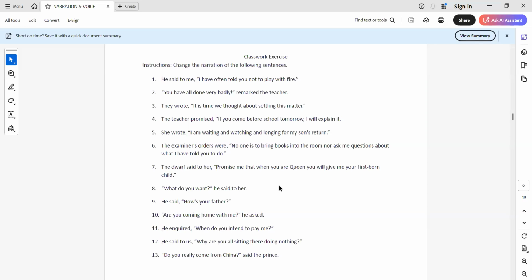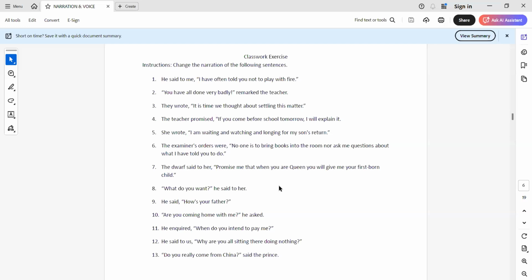We can also say he told me that, but there's no need to change the reporting verb unless it's necessary. "Often" is not part of the reporting verb, often is part of the dialogue itself.